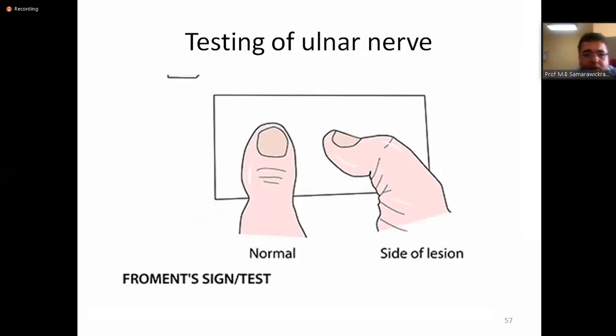Right, so this is the testing of adductor pollicis, the Froment sign. You can see the side of the lesion. He cannot adduct the thumb. Instead, he flexes the distal phalanx while holding the card. Right, this is Froment sign, testing of adductor pollicis.